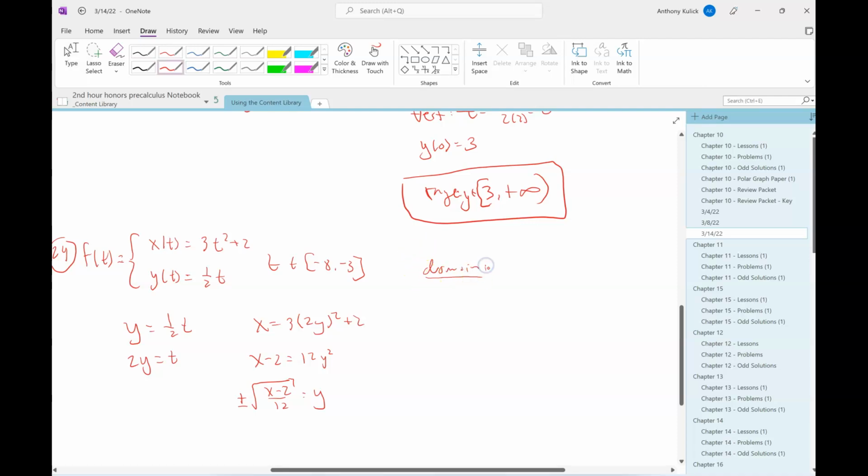The domain here, since the x-coordinate is a quadratic, we care about 3 points: the vertex, and then the 2 endpoints. So the vertex is negative b over 2a.